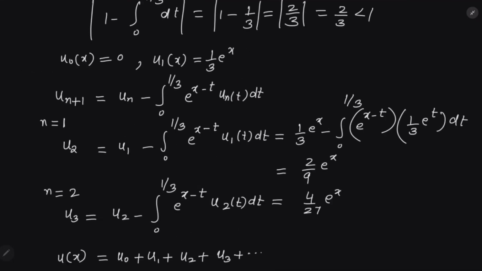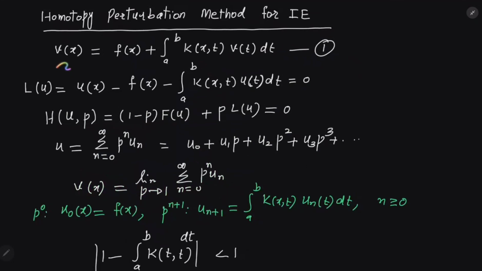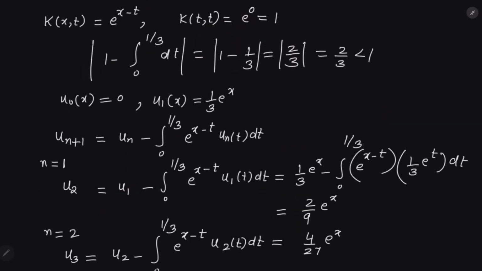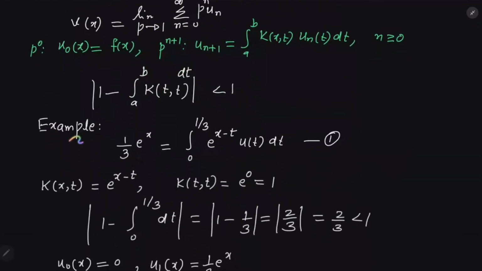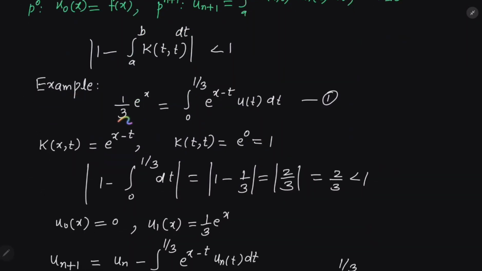When we developed the theory from here, it was for a Fredholm integral equation of the second kind. It was a second kind. Now, in the example we saw, this is also a Fredholm integral equation of first kind.